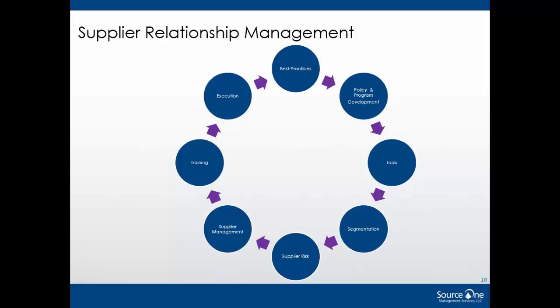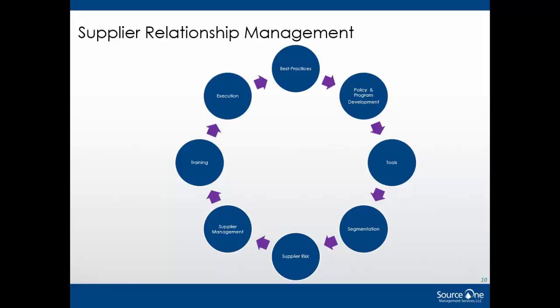And then finally, execution. Resources, identifying different benefits then with your suppliers, right? As you're managing your suppliers on a regular day-to-day basis, how are they feeding into your risk program? Are you able to identify additional benefits beyond just the risk management?